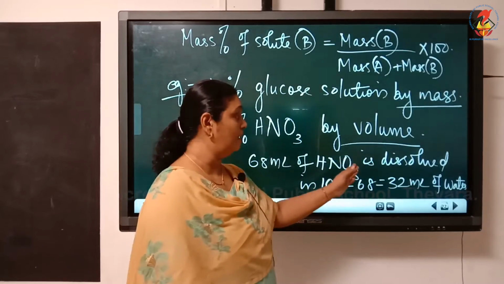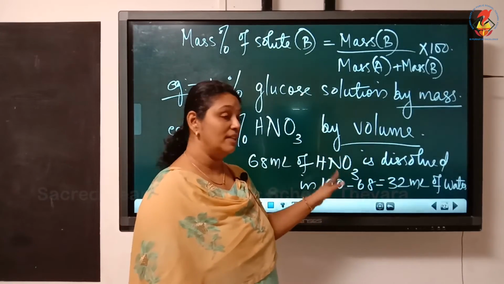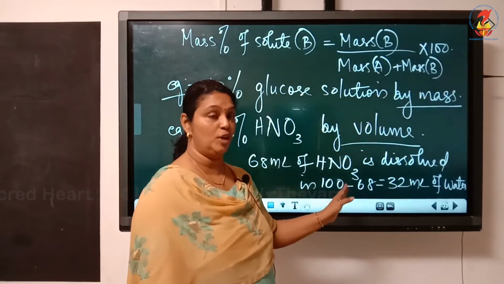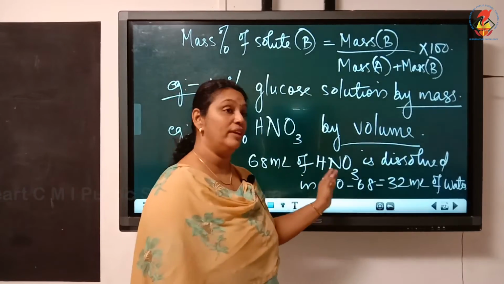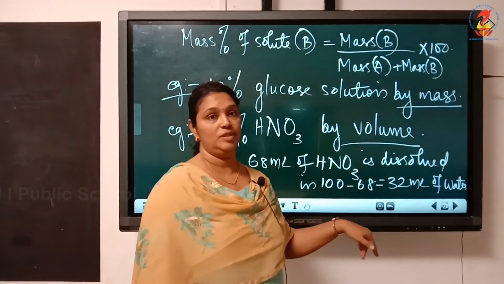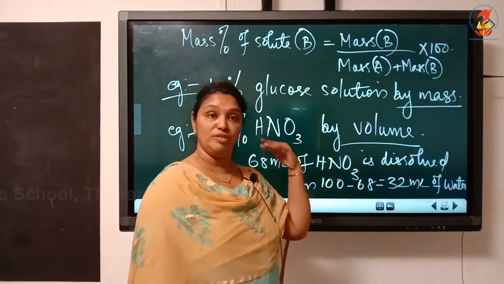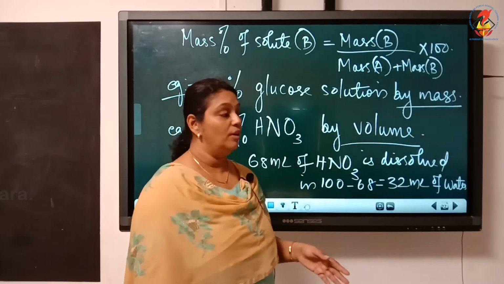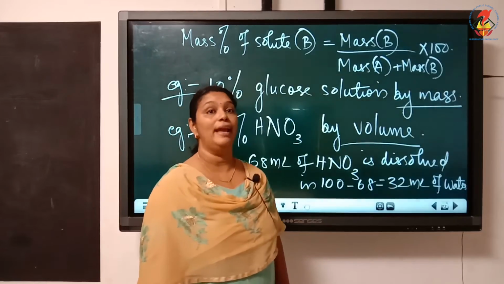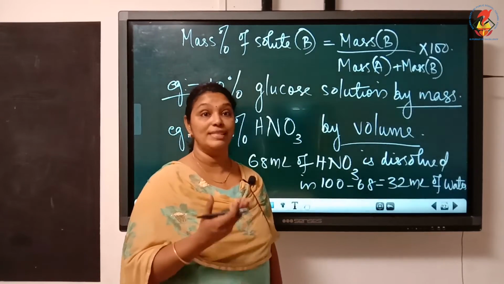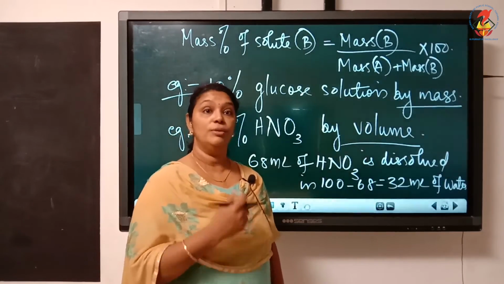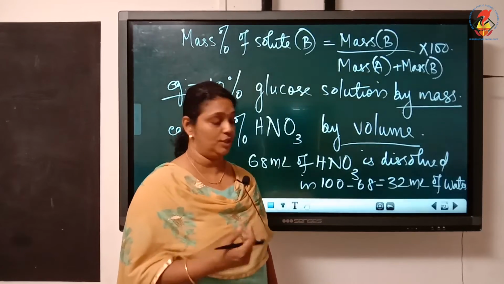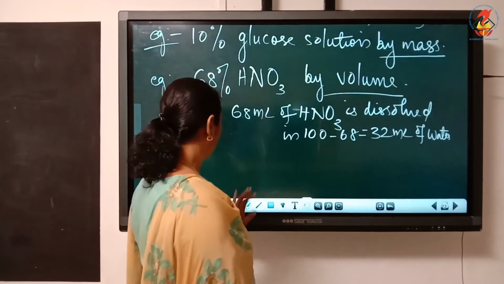So this is not mass percentage, this is volume percentage, because it is 68% nitric acid by volume. So the percentage can be in terms of mass or in terms of volume. Suppose you are asked to prepare 95% ethanol. We know ethanol is an alcohol and is a liquid. So here we have the volume percentage. So what do you mean by 95% ethanol?